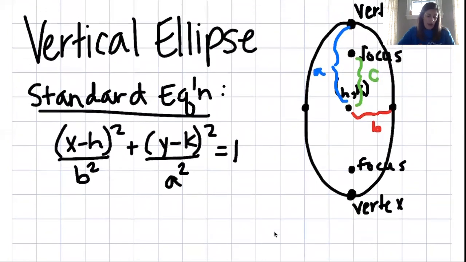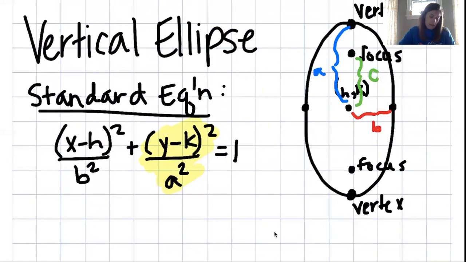Okay, so anytime you happen across a standard form equation of the ellipse and the larger number, because remember a is greater than b, the larger number sits underneath the y, then that means that it's going to be vertically oriented, have a major axis that is vertical.